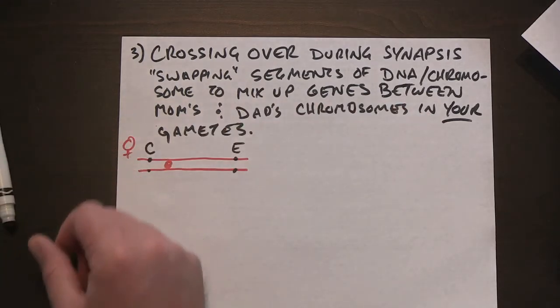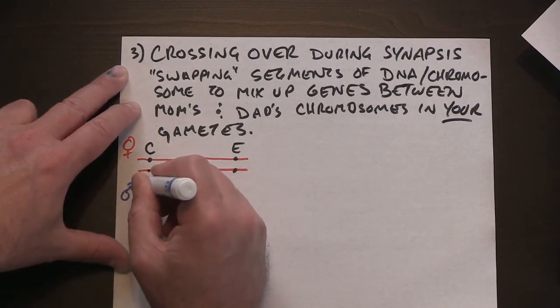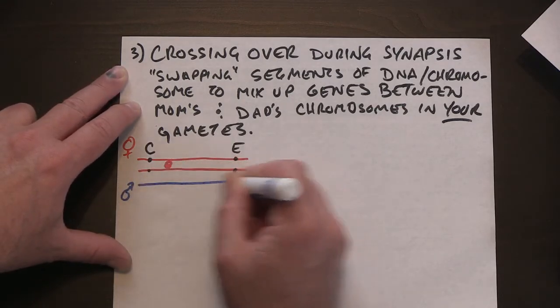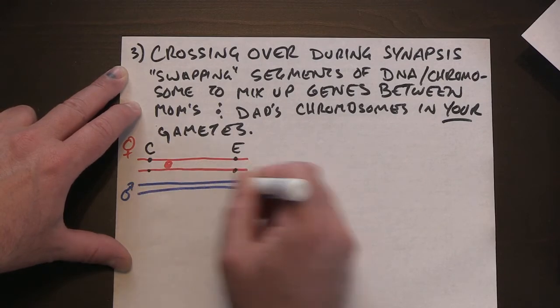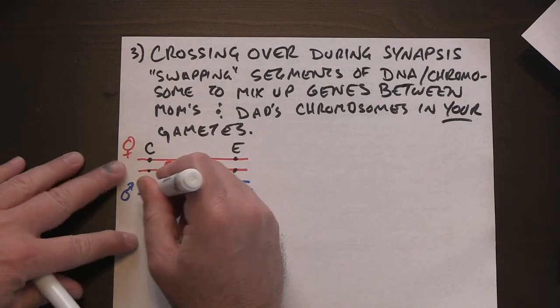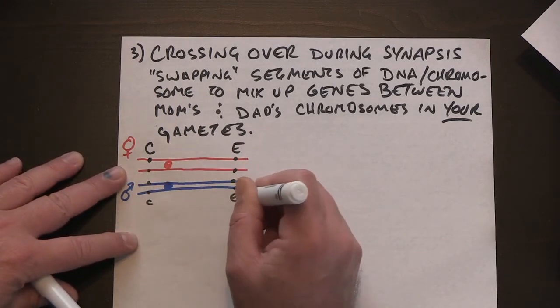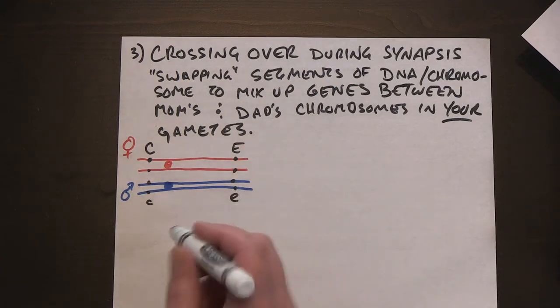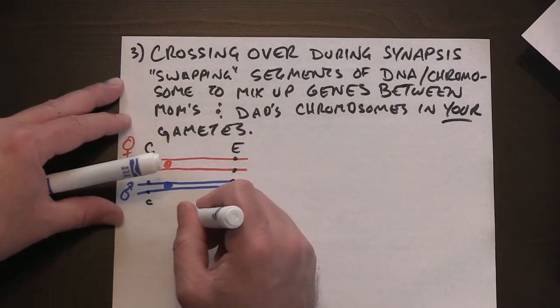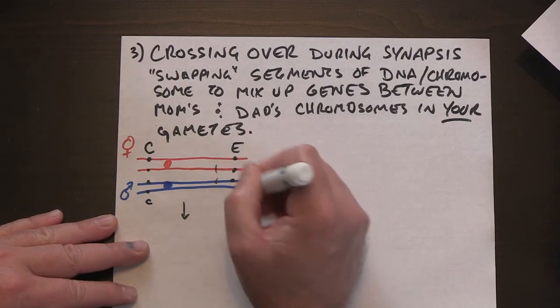And when the homologous chromosome from dad lines up during synapsis, little c, little e, there's going to be a breakage. And let's say it breaks there, and those two pieces are going to swap.